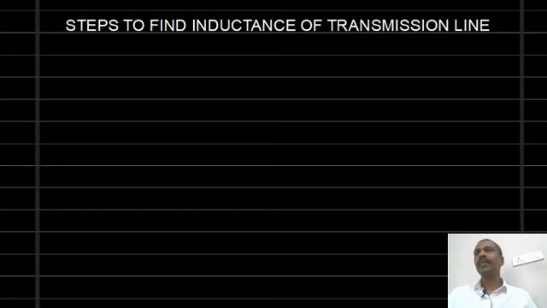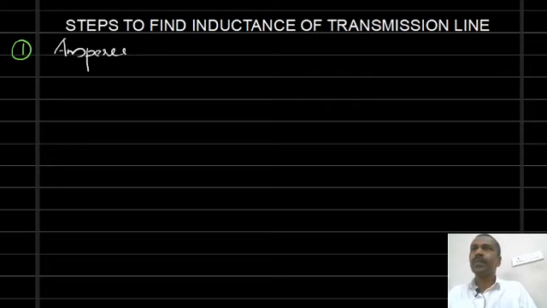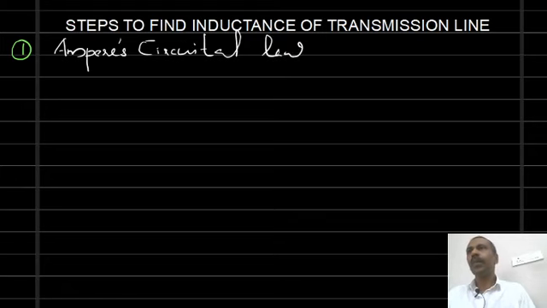Now we'll see the steps to find out the inductance of a transmission line. The first one is Ampere's circuital law.